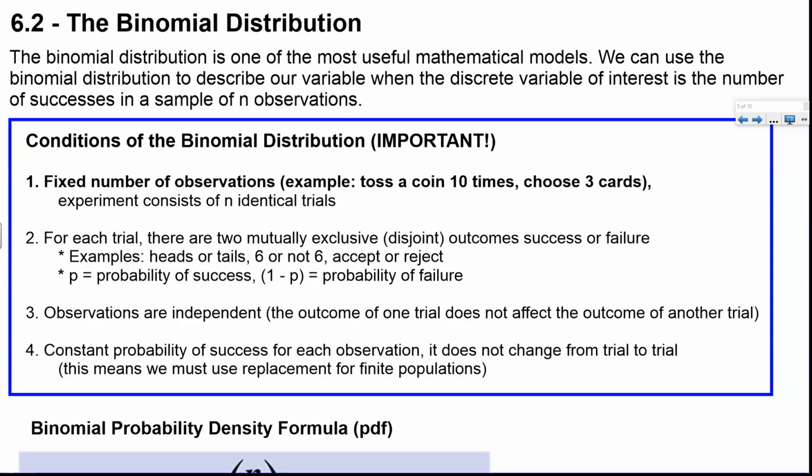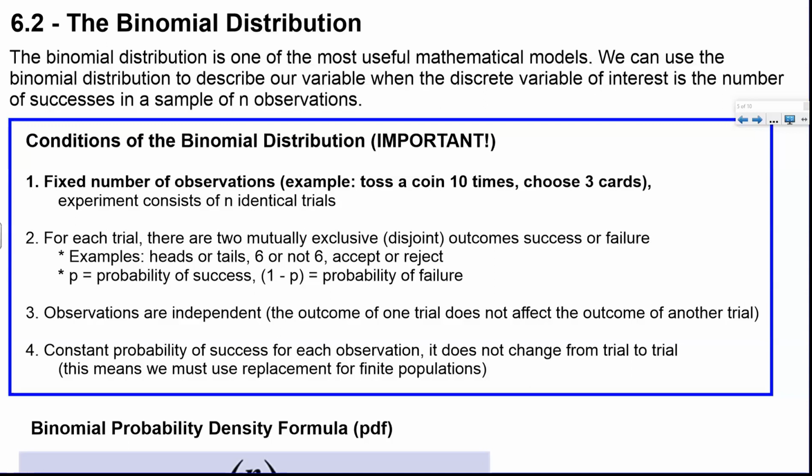And so the binomial distribution cannot be used always, okay? It can only be used for certain random variables that meet these conditions. In general, what we usually look for with the binomial is that we're counting a certain number of successes within a certain number of trials.